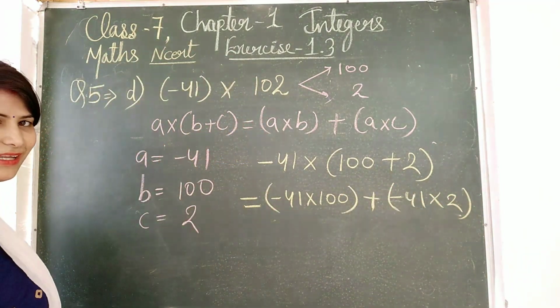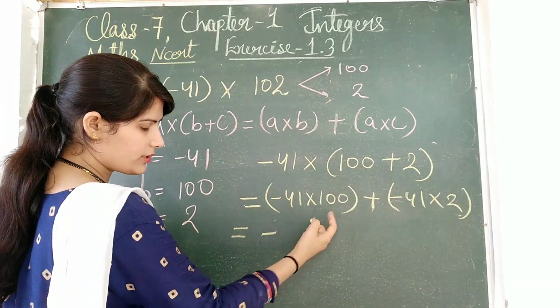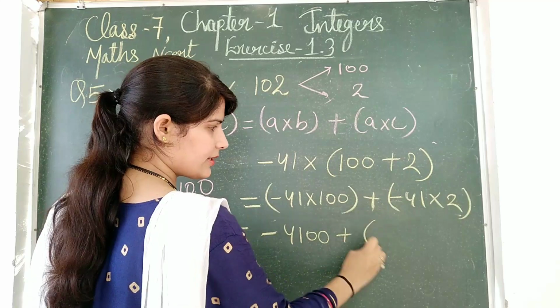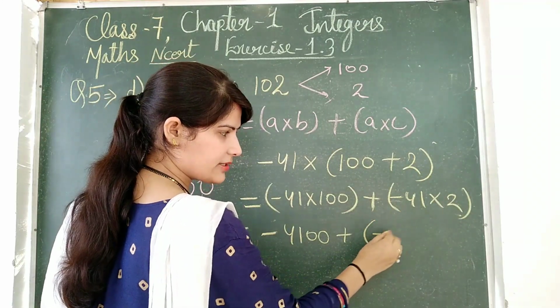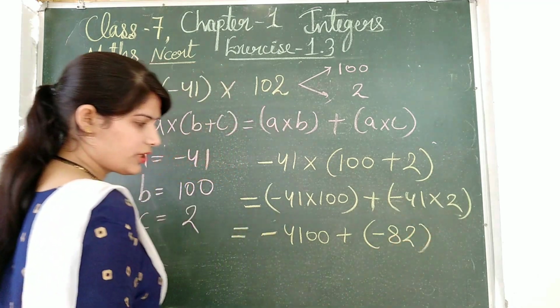Okay, and solve easily. Minus plus minus, 4100, plus here minus plus minus, 41 twos are 82.